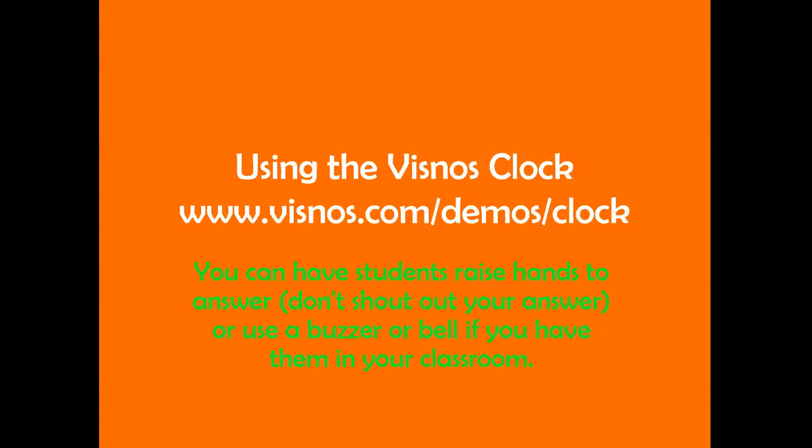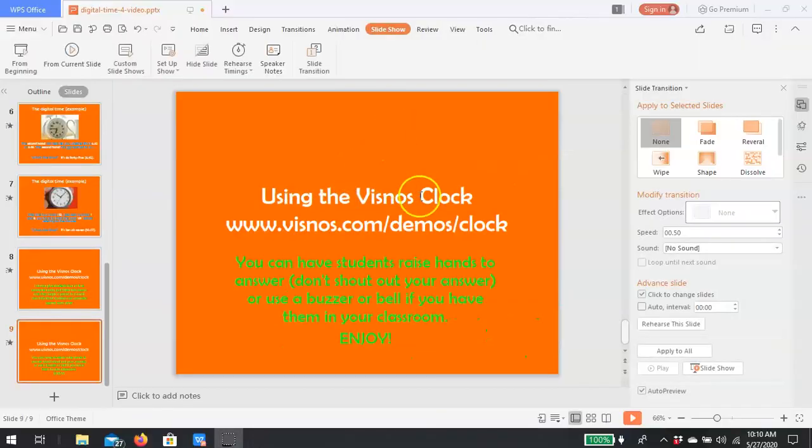You can have students raise hands to answer. Don't shout out your answer, or use a buzzer or bell if you have them in your classroom. Enjoy. That's the main thing. That's one of the benefits of this clock. It's great fun.